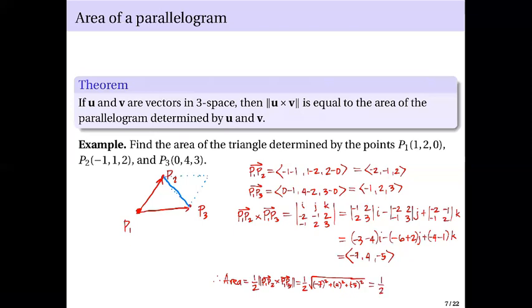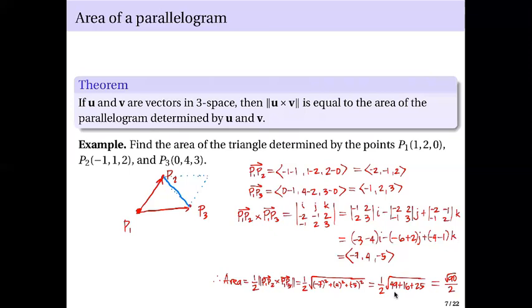So we have 1/2. What's the one inside? Square root of 49 plus 16 plus 25. So just simplify this and you will get the area. So 16 plus 25, that's 41. 49 plus 41, that's 90. Square root of 90 over 2.